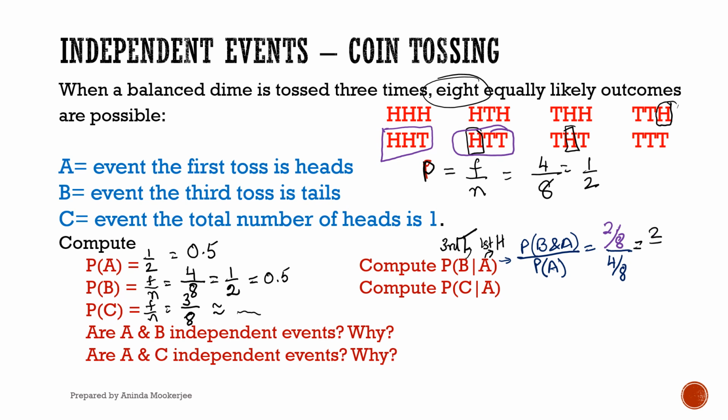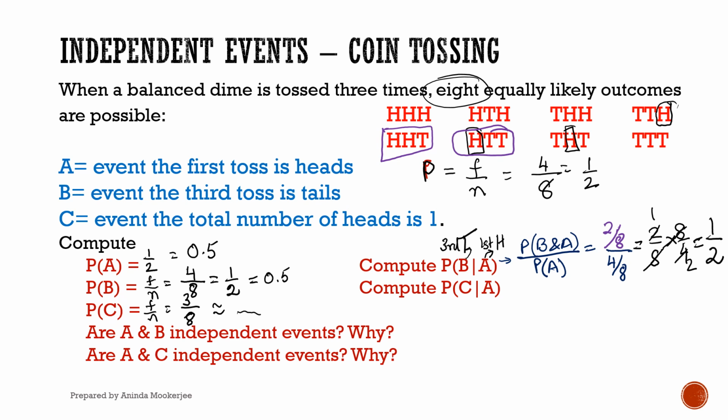Remember how you divide fractions? You change the division to a multiplication and flip the fraction in the denominator. So now you write it as 8 over 4, which is 2/4 or 1/2, right? 1/2. So 1 divided by 2, half.